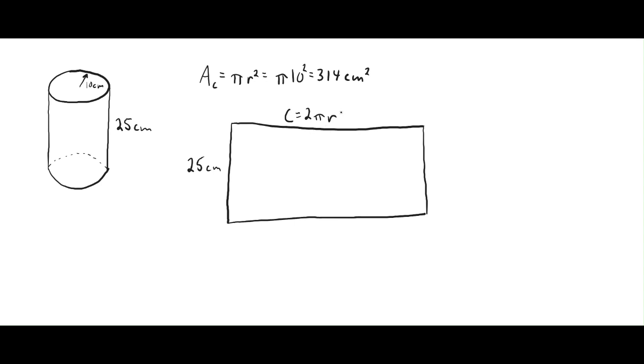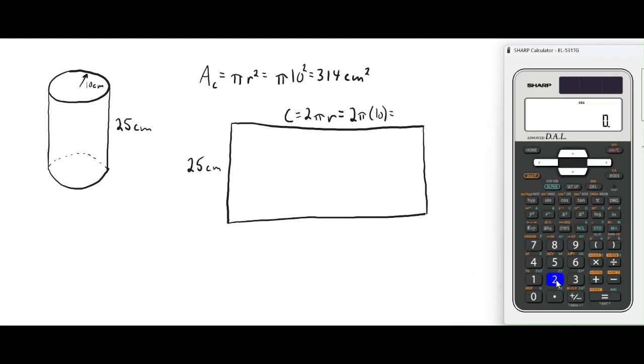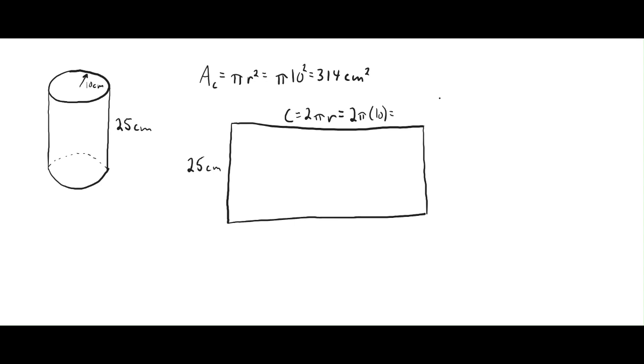We can go ahead and figure that out first: 2 times pi times 10 centimeters. That's 62.8 centimeters. That's not centimeters squared, that's just a length. A length is just centimeters, areas get the square.